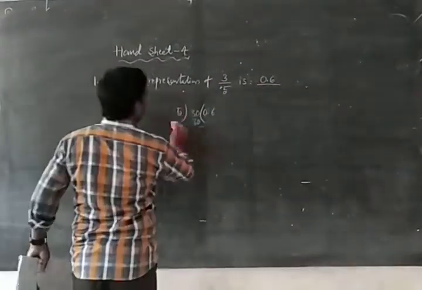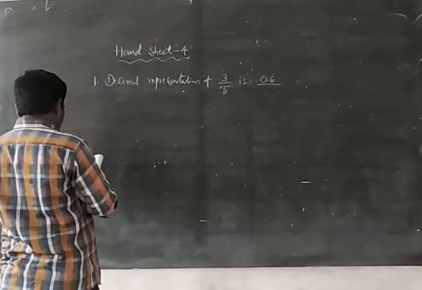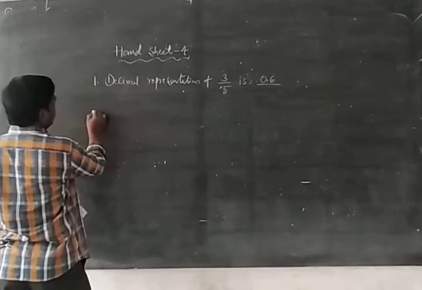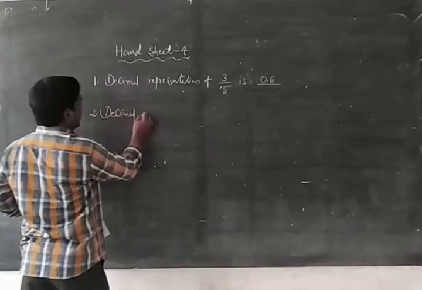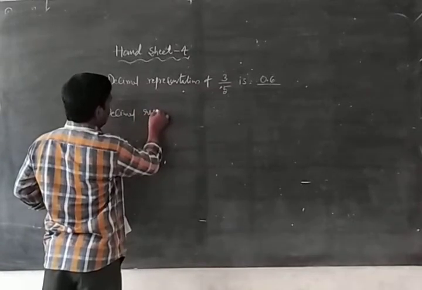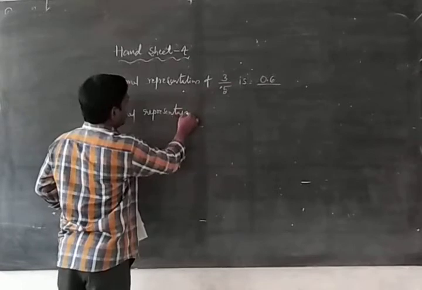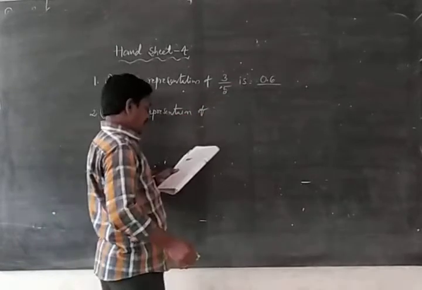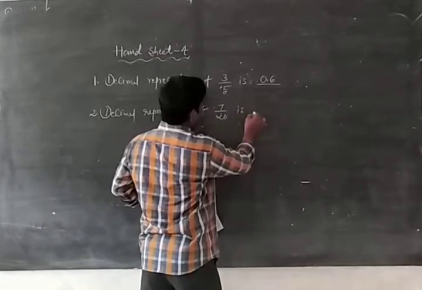And the decimal representation of 7 by 20 is dash.